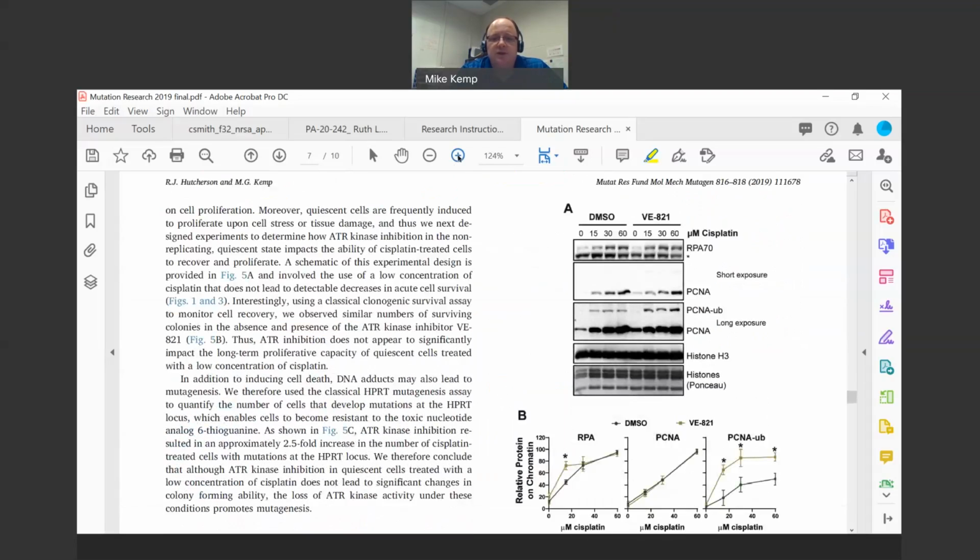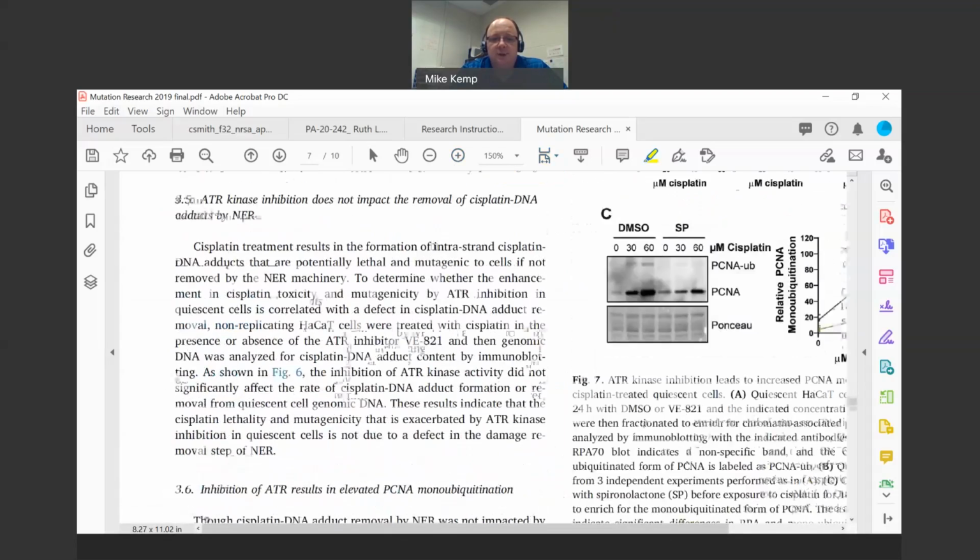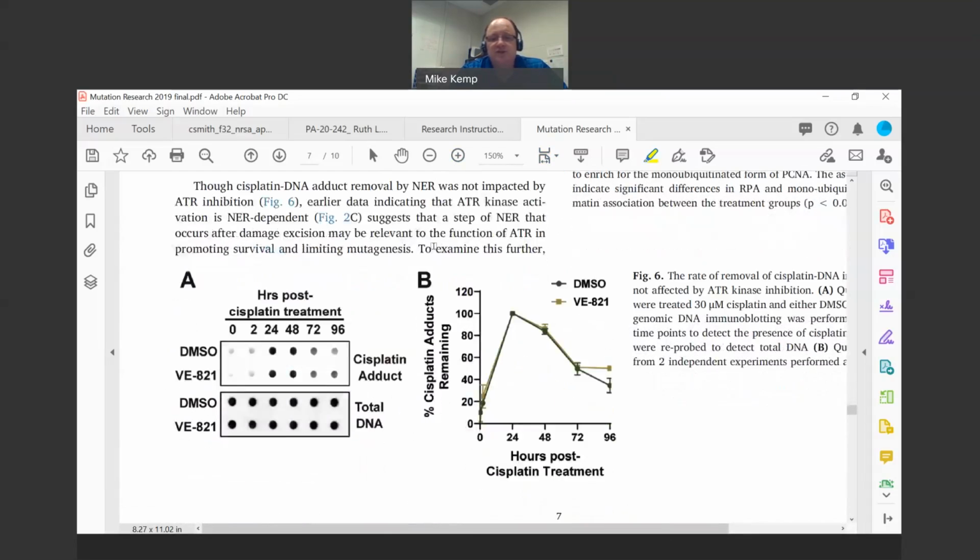So we next wanted to look at what ATR might be doing. One of the main things cells need to do when they have DNA damage induced by cisplatin is to remove those cisplatin adducts from the genome. And they can do that, as I mentioned earlier, through nucleotide excision repair. So we wanted to see if inhibiting ATR had any effect on the rate of removal of cisplatin adducts from DNA.